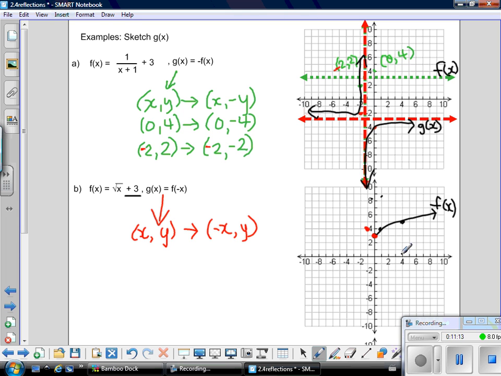This point here was 4, 5, so this one's going to be negative 4, 5. And again, we're just going to draw our line through there, nice curve, and this becomes g of x.